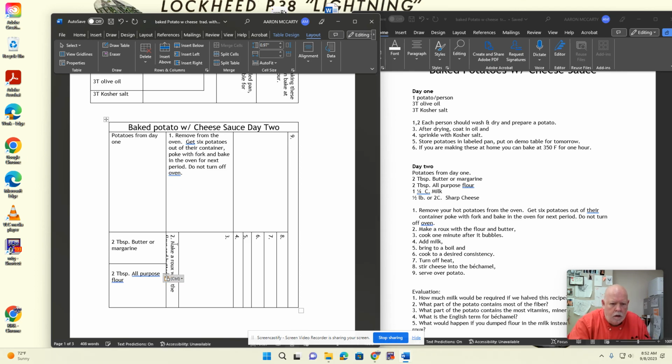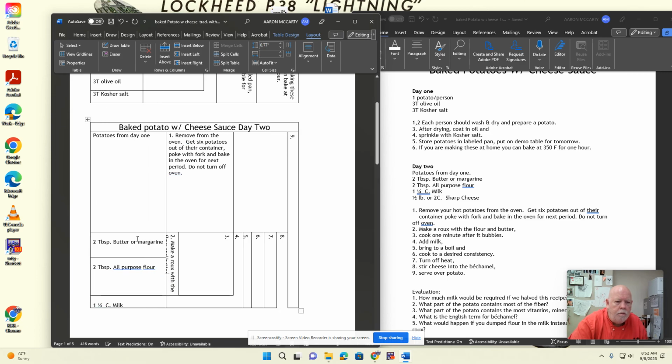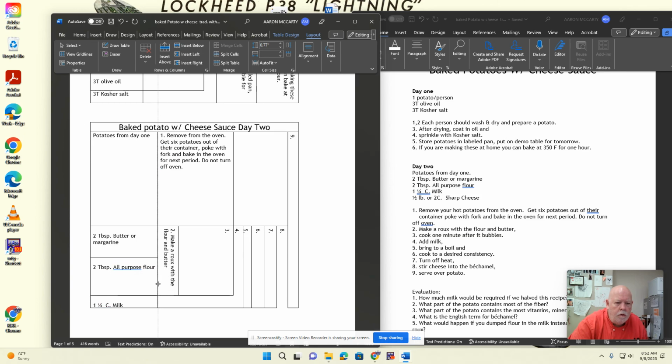You will not have this alignment issue that I'm having, but all right. Now, this is where it's going to be difficult for some of you. It says make a roux. Now, a roux is equal parts fat and flour that are used as a thickening agent.